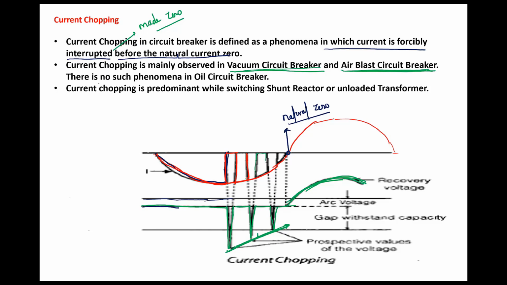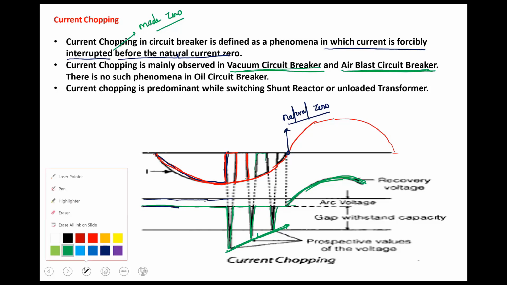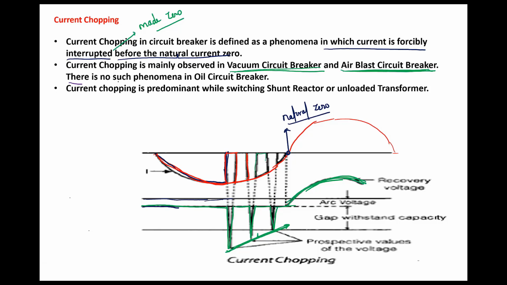There is no current chopping phenomenon in oil circuit breakers, as we discussed earlier, but it is mainly observed in vacuum and air blast circuit breakers. Current chopping is predominant when the circuit breaker is used to switch off or switch on a shunt reactor or unloaded transformer.